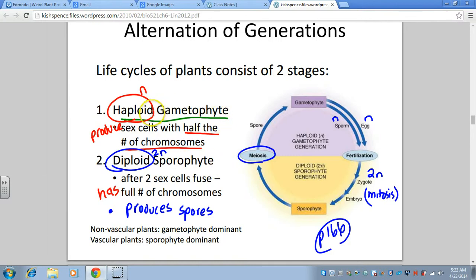Now, haploid just means that they have half the number of chromosomes. So our egg and sperm cells, for instance, are haploid. They are called haploid because they have half the number of chromosomes. And that makes sense because when the egg and the sperm come together and fuse, then we get a diploid zygote.